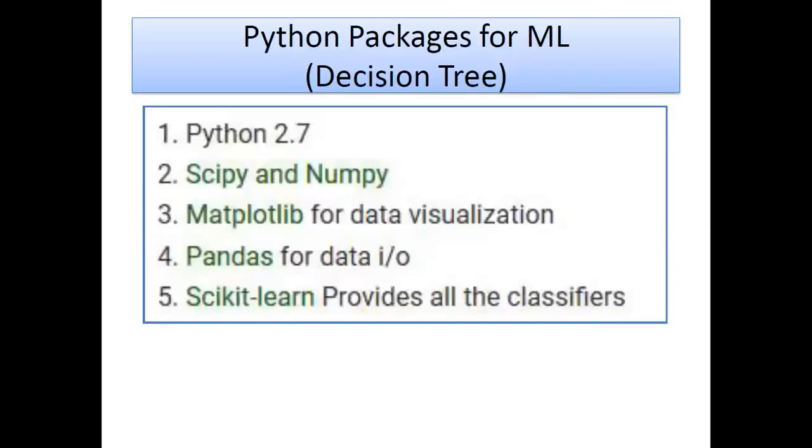So see, slowly we are moving. It is shown as Python 2.7 and above. Now Python 3 is in the market, so it will be useful for you. We'll be using basically NumPy. SciPy is not required for us. Matplotlib is a library for plotting, which will help us visualize data.